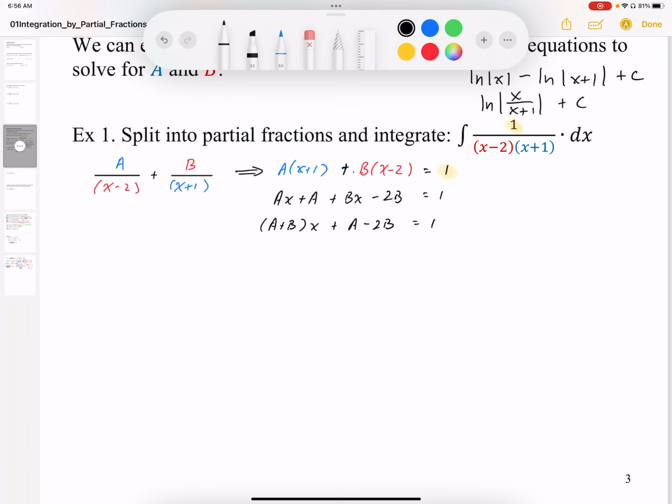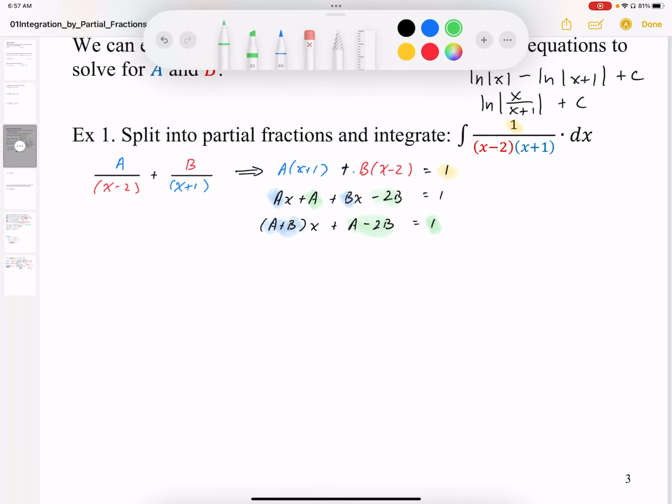So again, grouping my terms here, that a and b here become the a and b there. The a and 2b here become the a and 2b here. And we're going to match the constants with that 1. So there's one equation. So I'm going to solve that one first.